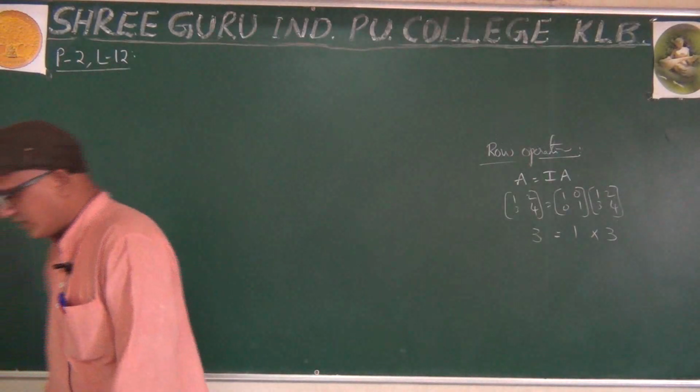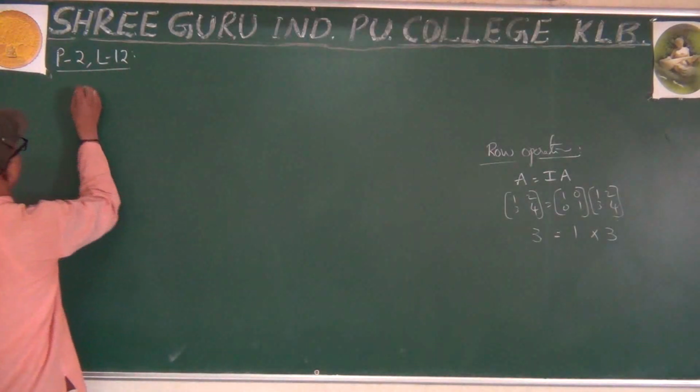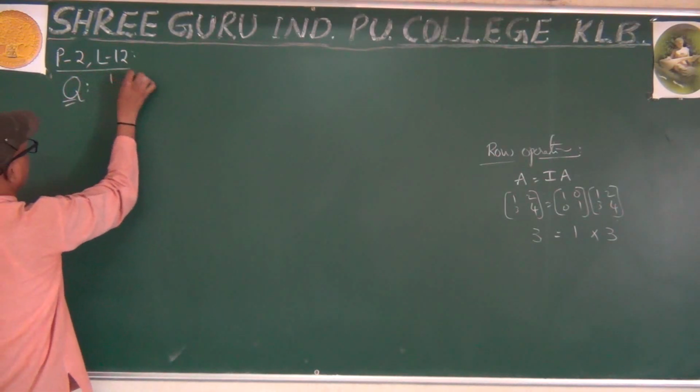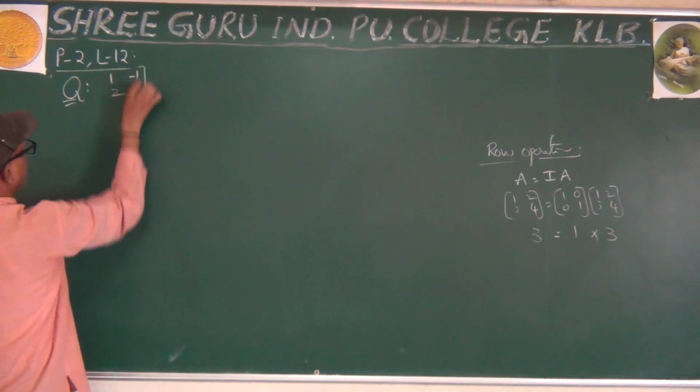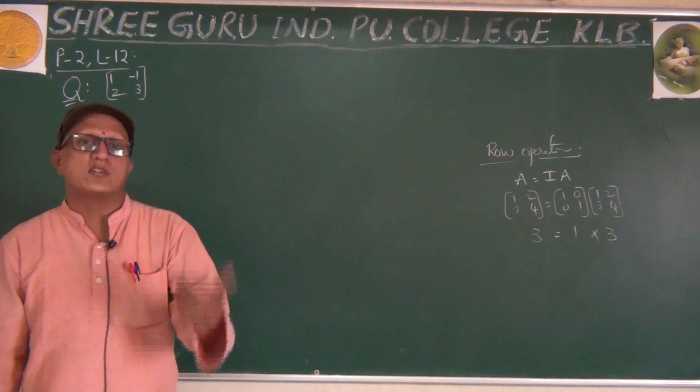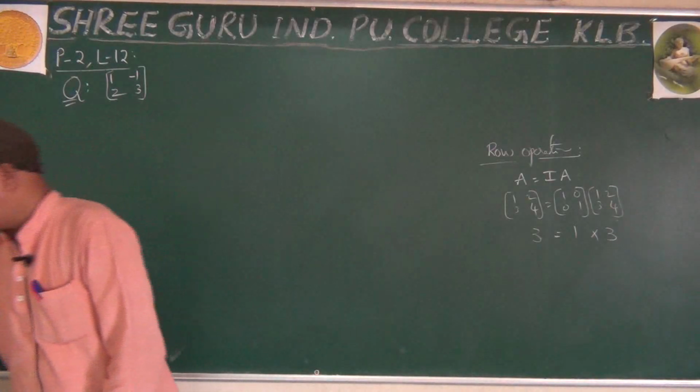So here the first question is the matrix 1, minus 1, 2, 3. We have to find the inverse of the matrix by using elementary operation.